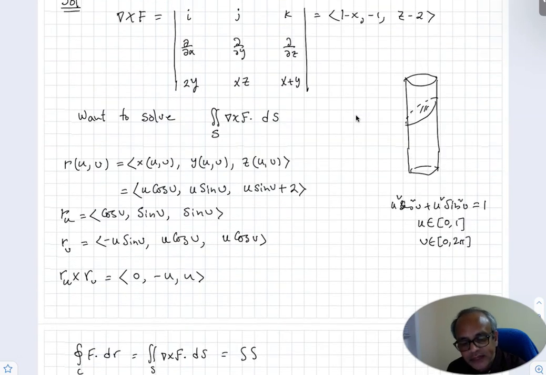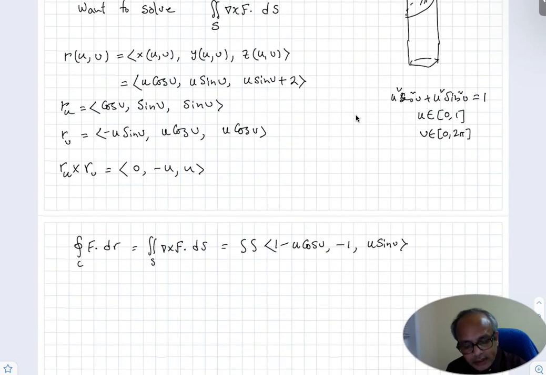So let's just write that down. 1 minus x. So what is x? u cos v. The second component is just negative 1. The third component is z minus 2. What is z? Look at it: u times sin v plus 2, minus 2 cancels out.